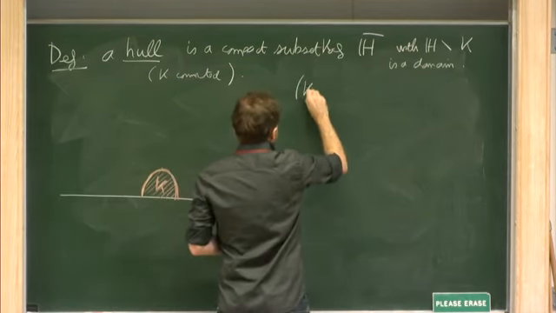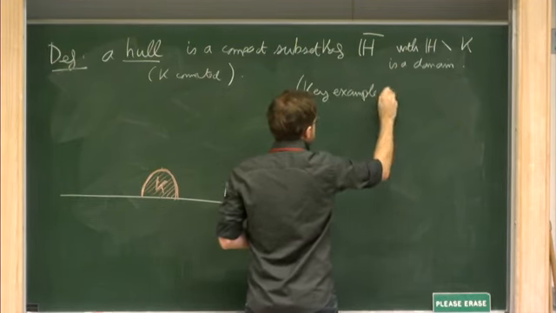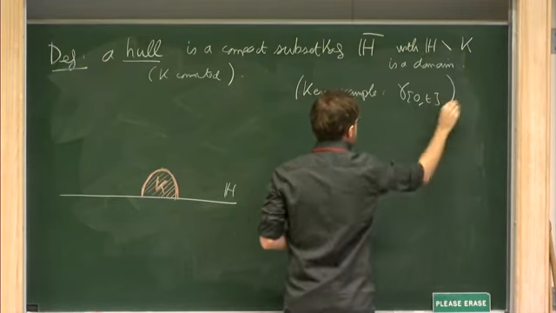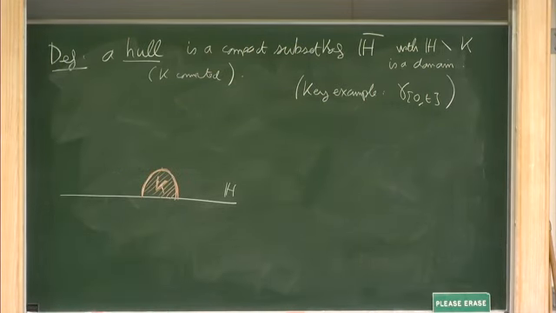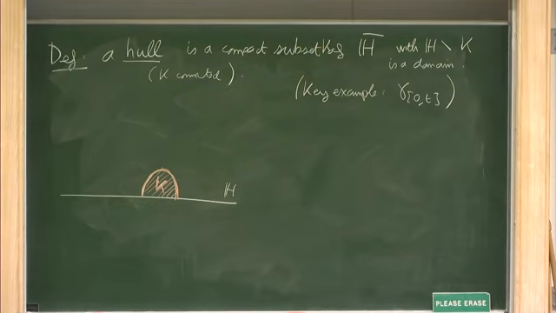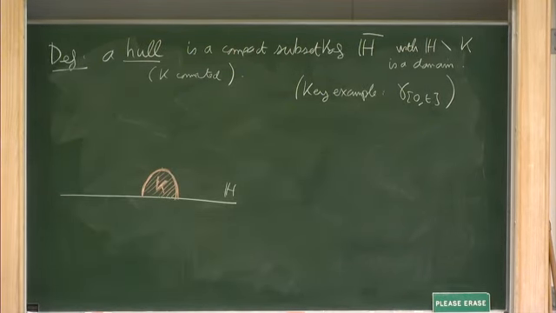So the key example will be gamma between time 0 and t. If gamma is a simple curve, the path gamma up to time t is a compact set. It touches the boundary, the complement is simply connected, so it satisfies all these conditions, and it's a hull in H. If gamma is not a simple curve, then you have to do what I did yesterday from the Brownian motion.